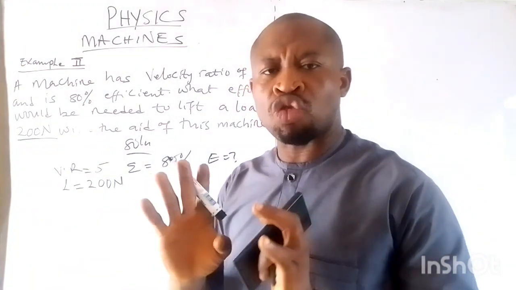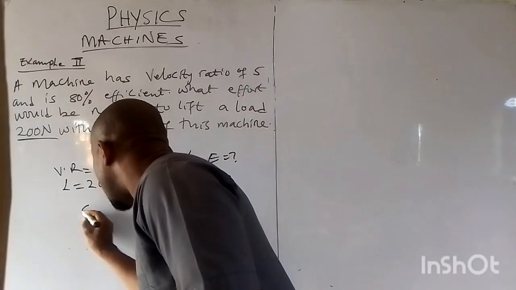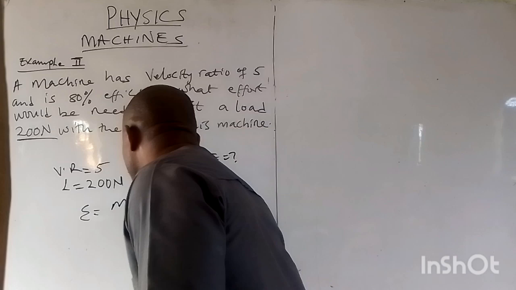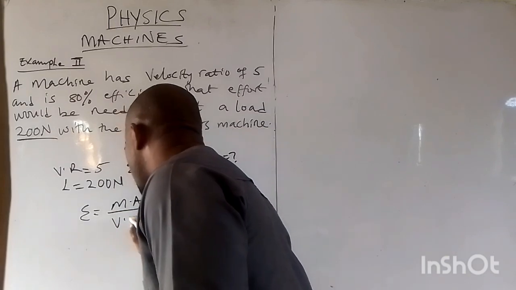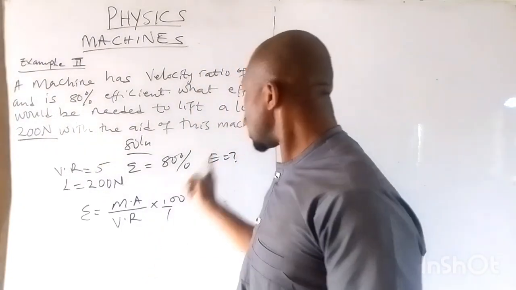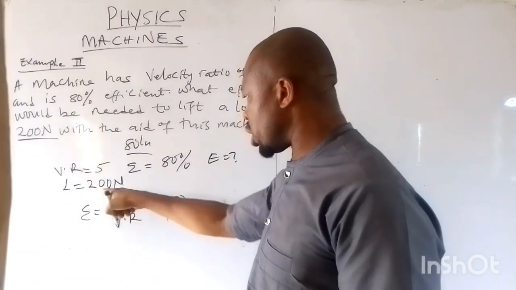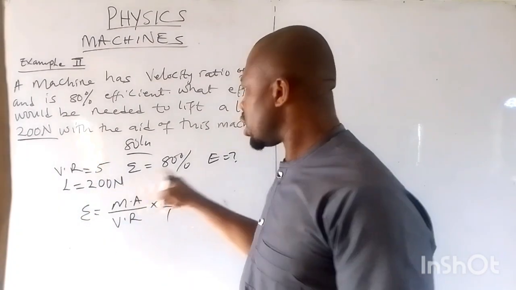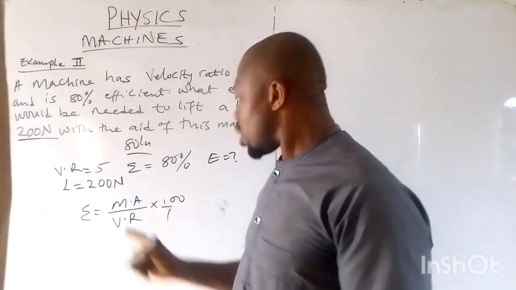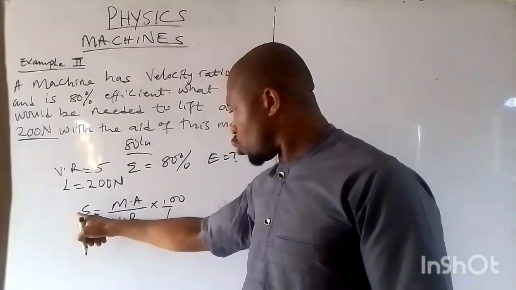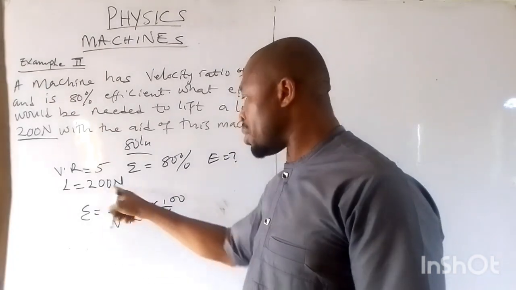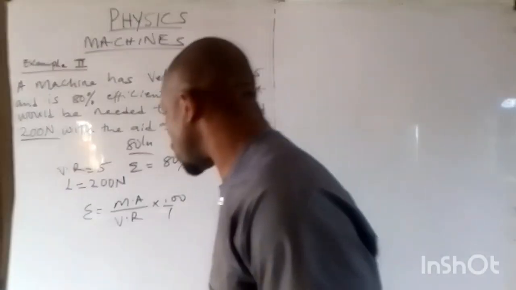The simplest way to solve this is, if we have the general formula, the efficiency is MA all over VR times 100 over 1. And of course, this MA is just the force ratio of these two. First, use one to get the MA. After getting the MA, use MA to get this. So we'll do it together.